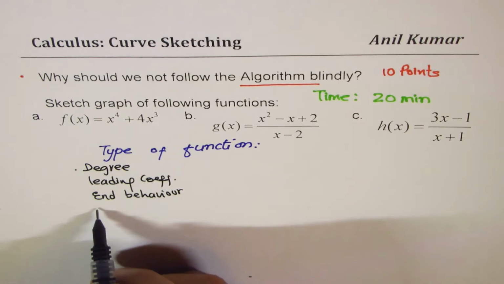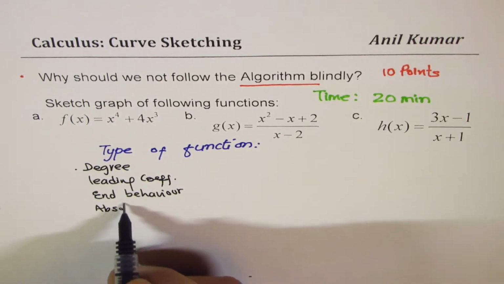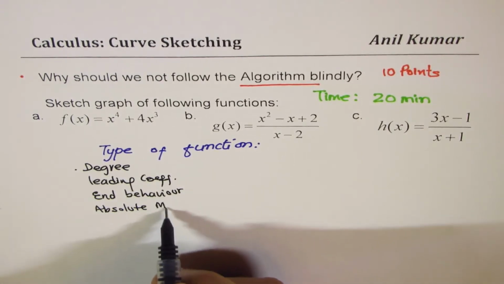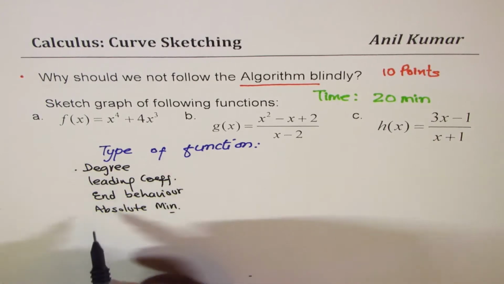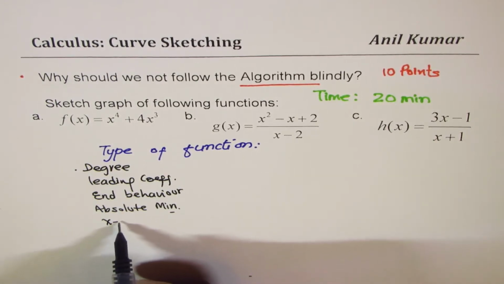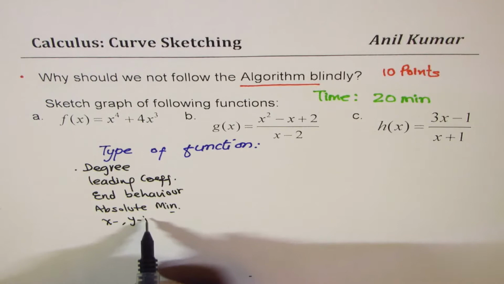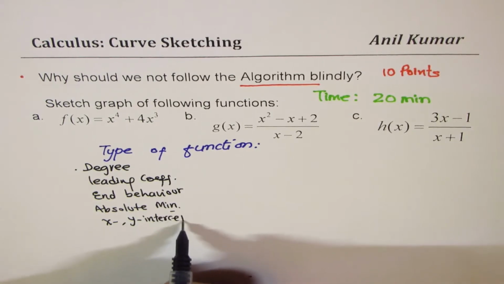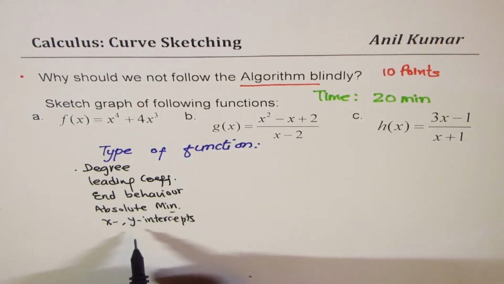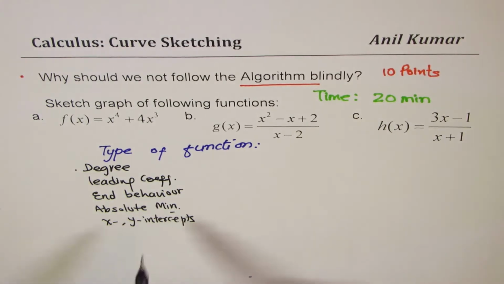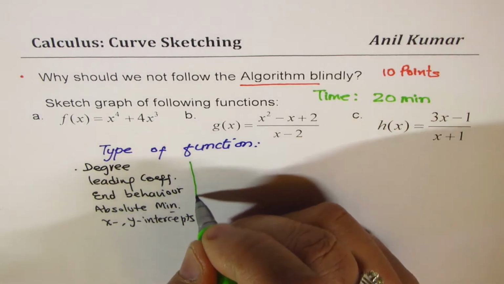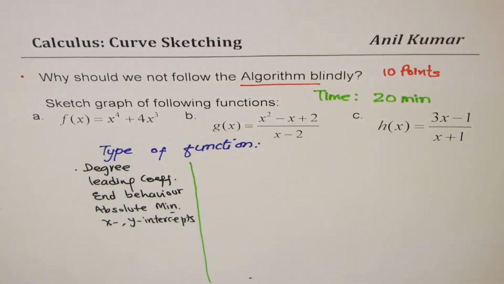That means you're also looking for the absolute minimum, right? And of course, x and y intercepts. So these are good enough points to sketch a fairly accurate polynomial. Do you agree with me? So that is what you have to concentrate on while working with the first function, right?